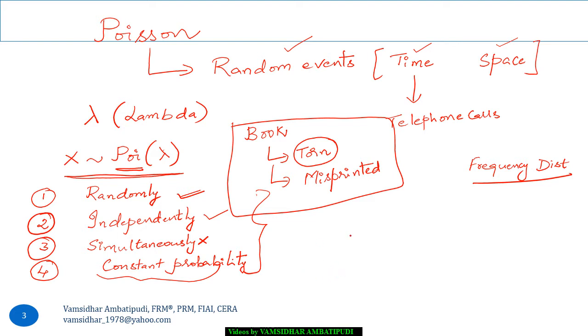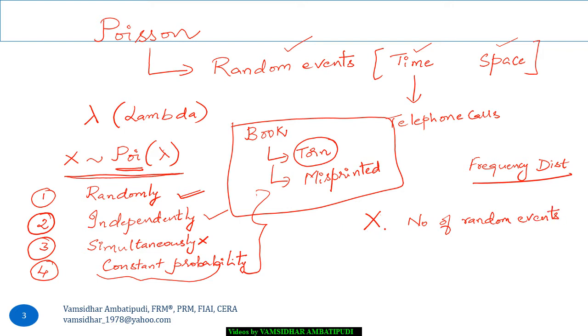So now coming to the mathematical formulation of the Poisson distribution. If I am talking about x, it is the number of random events, and that is how the Poisson distribution is modeled.